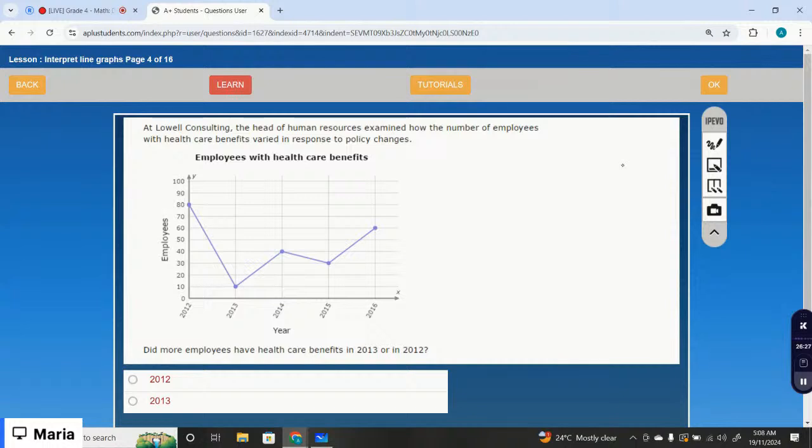At Lowell Consulting, the head of human resources examined how the number of employees with healthcare benefits varied in response to policy changes. Did more employees have healthcare benefits in 2013 or 2012?